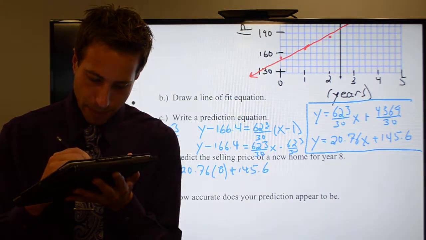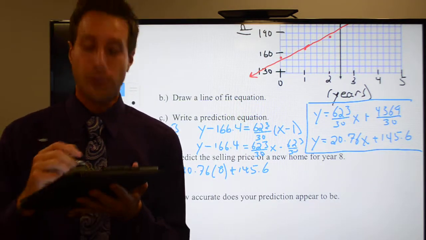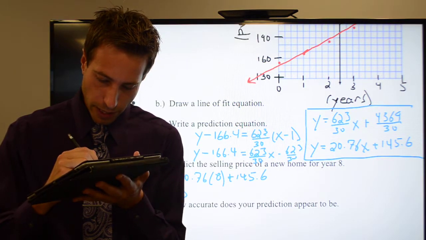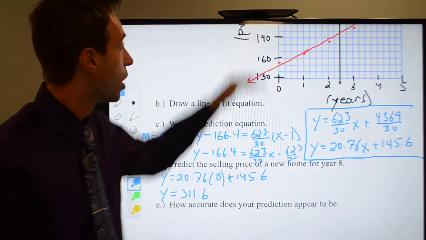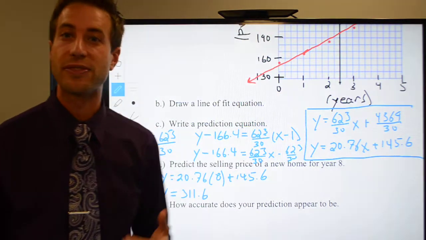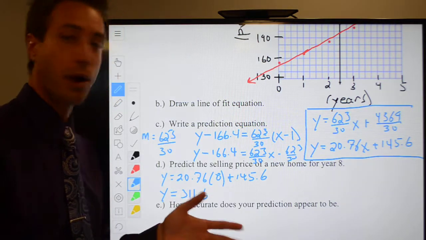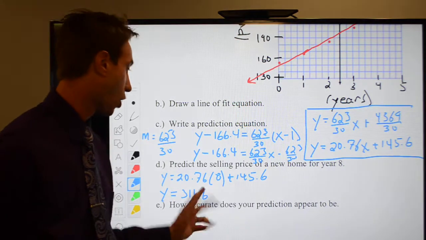And what I get when I do that is y is equal to 311.6. Now remember, that is in thousands. Our prices were in thousands. So I'm predicting in year 8 the price of a privately owned single family home would be $311,000, almost $312,000.